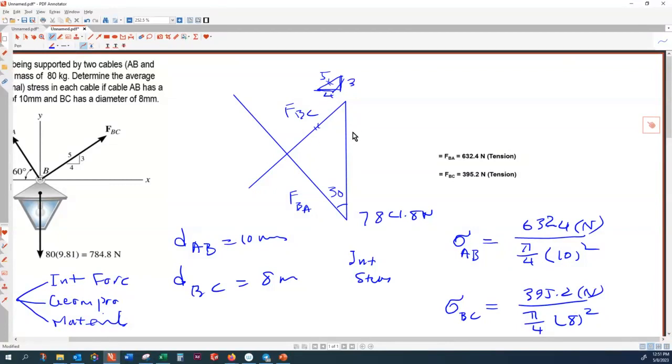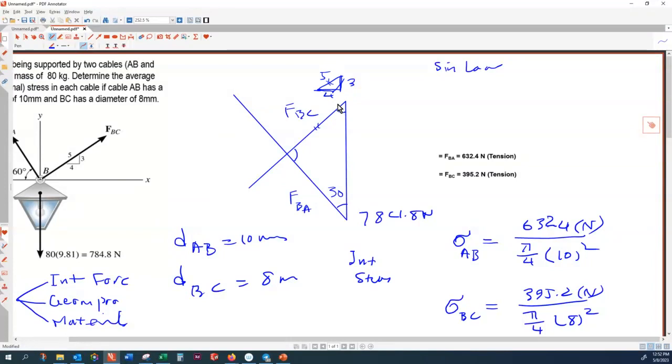So here in this triangle, you can use the sine law. You do need to have the angle here. So what is this angle?